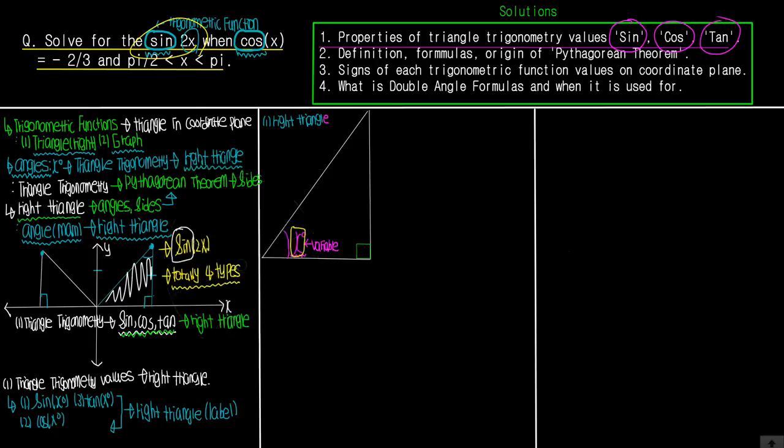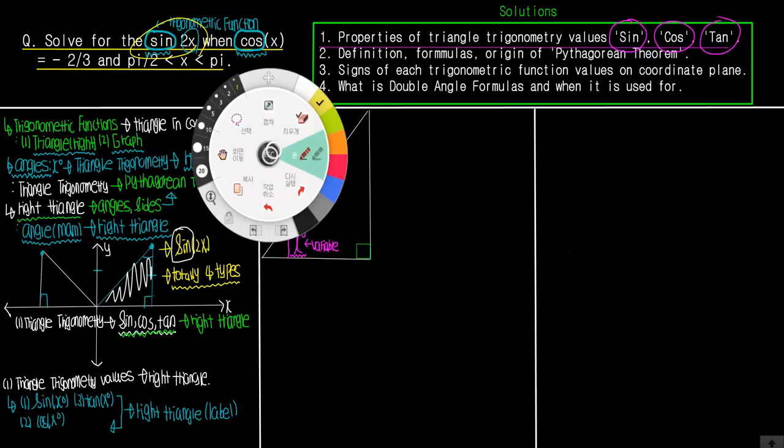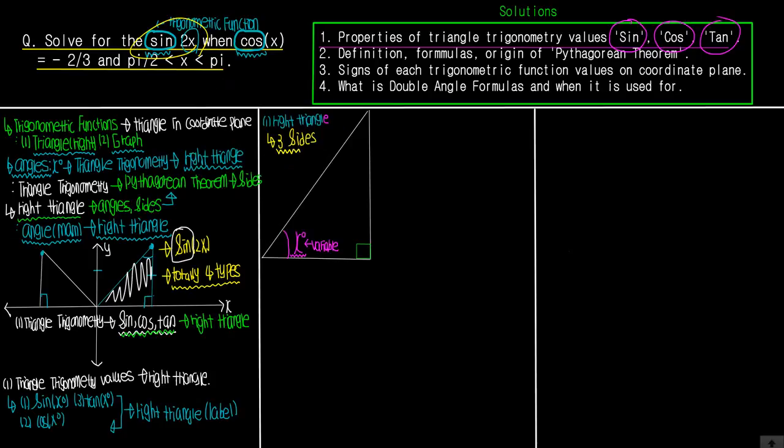So if you label every single side using this main angle, what about this side right over here? We know that there are 3 sides in total that we need to label in our right triangle, because it is a triangle formed by 3 sides. What is this side that I'm pointing out going to be?